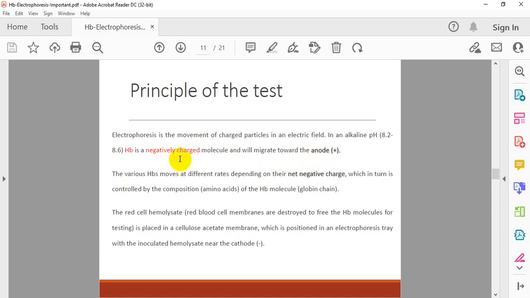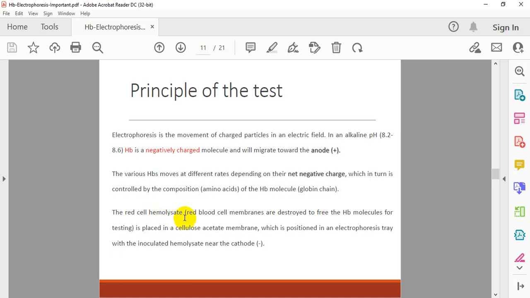So hemoglobin is negatively charged, you have to know this, at an alkaline pH. So negative will be attracted towards the positive charge pole. The various hemoglobins move at different rates depending on their net negative charge, which in turn is controlled by the composition of the amino acid side chains. They determine whether a protein or an amino acid is positively charged or negatively charged.